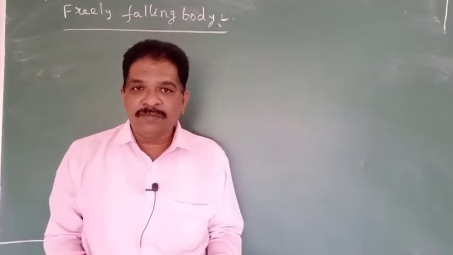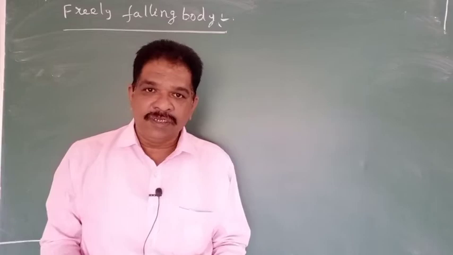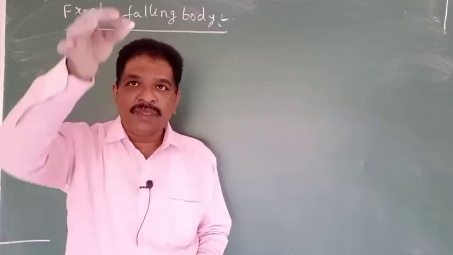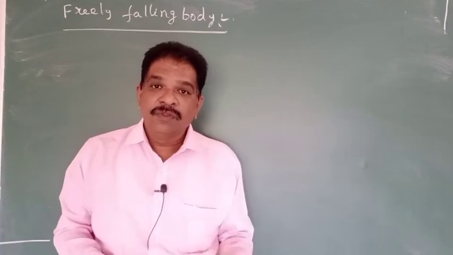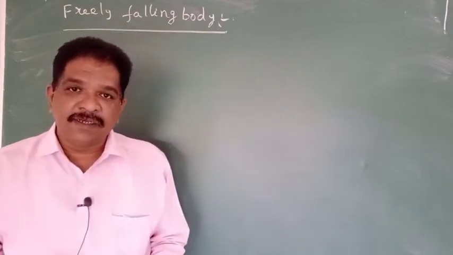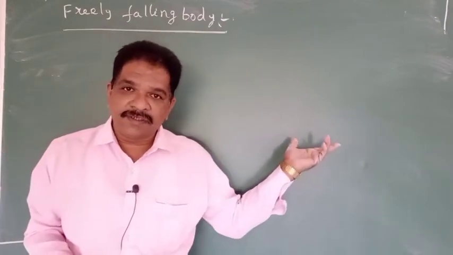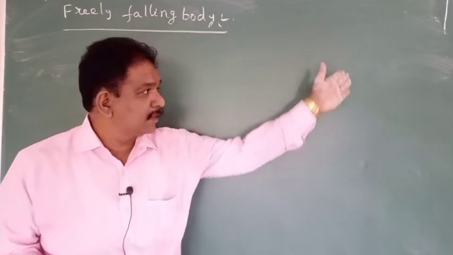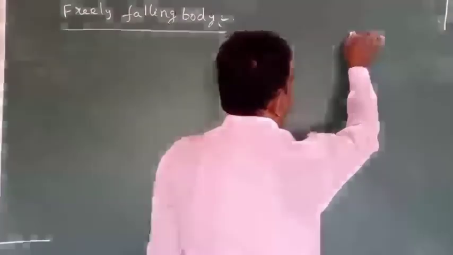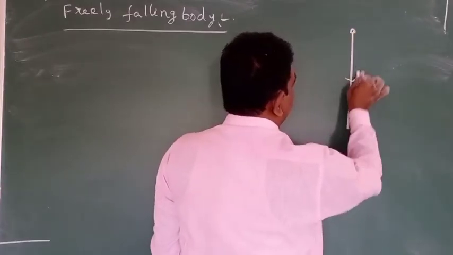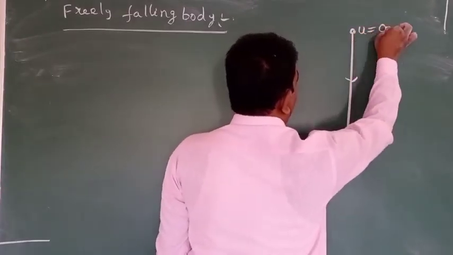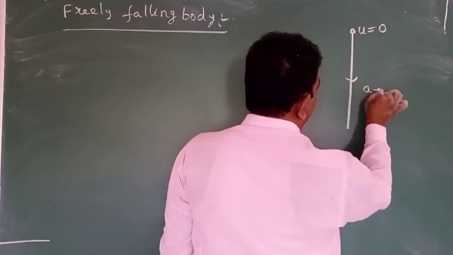For a freely falling body, there is no initial velocity, we are just dropping it. So initial velocity is 0. What will be its acceleration? Its acceleration is equal to plus g. A body dropped in the air will be called a freely falling body.